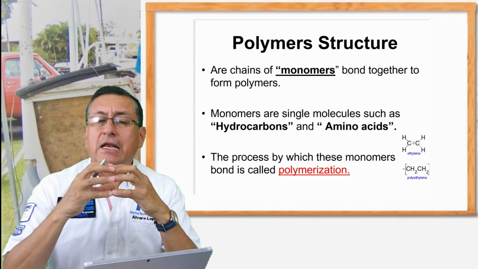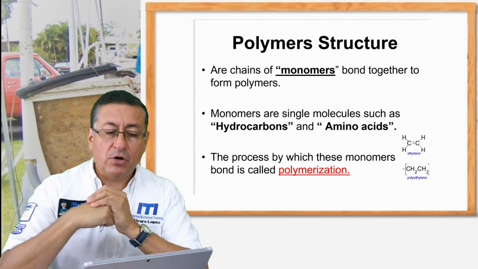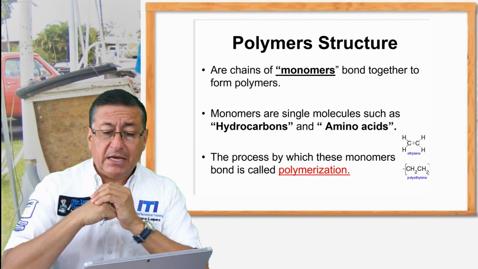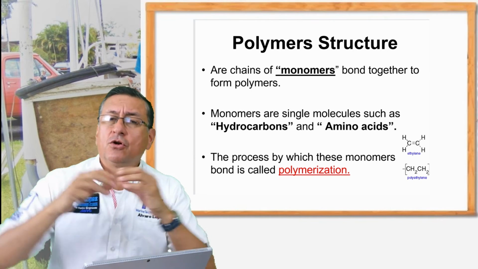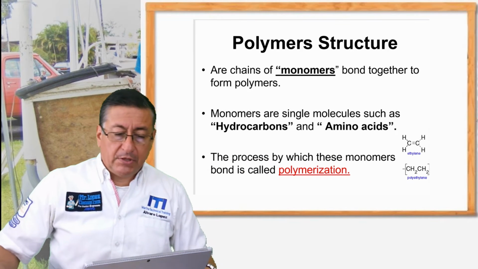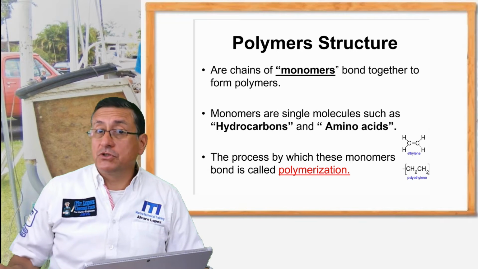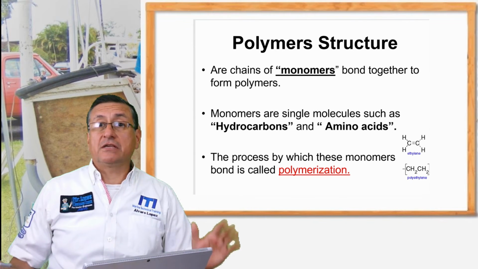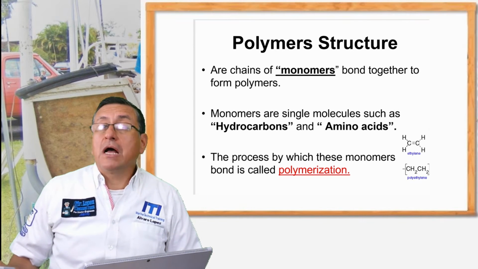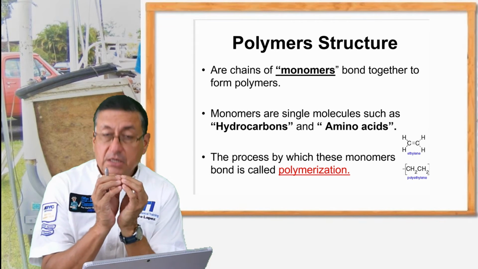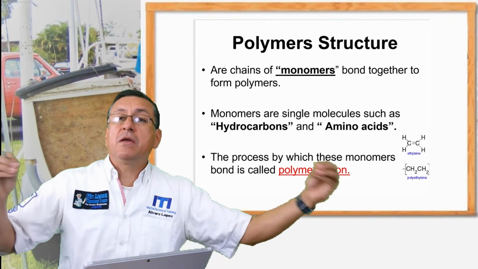Now we are going to analyze the internal structure of the polymers. The polymers are basically chains of monomers, and they are bonded together in order to create the polymer, the chain. The monomers are single molecules. For example, hydrocarbons. Hydrocarbon is a single monomer. Or amino acids. The amino acids are the structure of a big polymer.